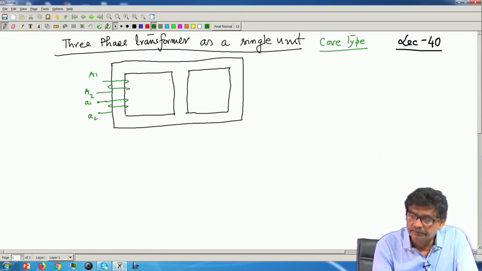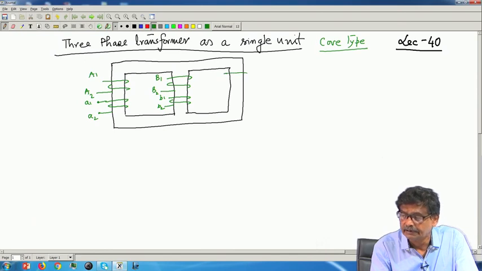Similar is the case with the B phase winding. You have its primary and its secondary, and they are B1, B2 primary, small b1, b2 secondary, and finally the C phase winding, C1, C2 and small c1, c2.